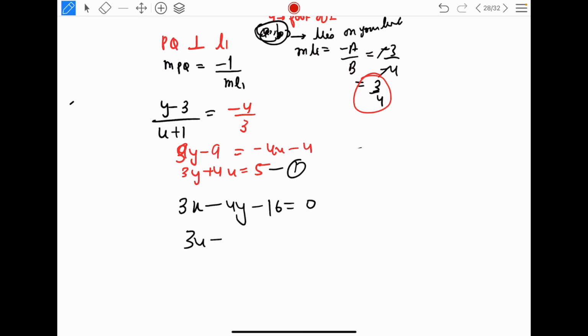That means 3x minus 4y is equal to 16, and the other equation was 3y plus 4x equal to 5. I'm sorry, I don't know why this error is happening. Some issue with this board.